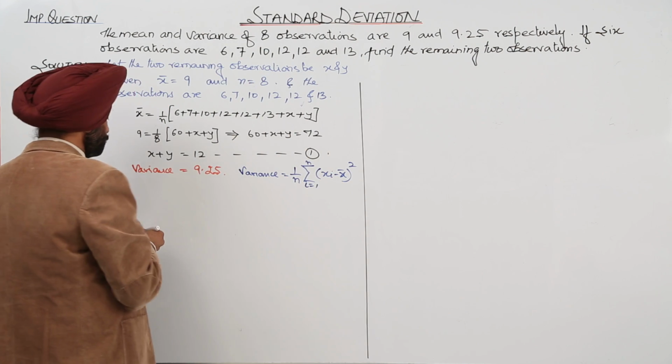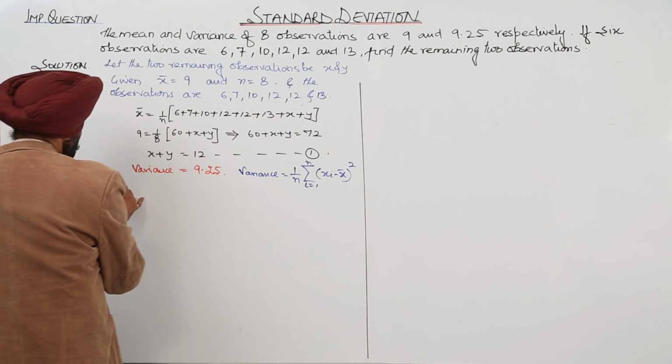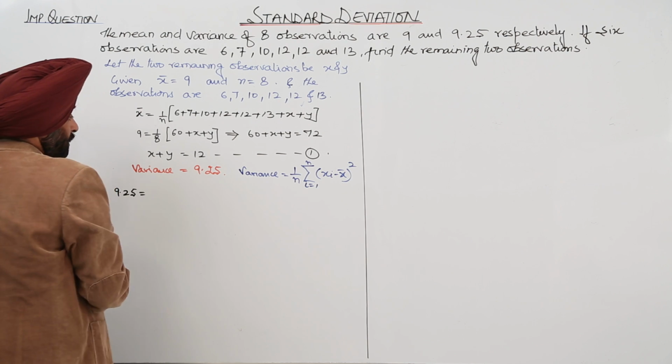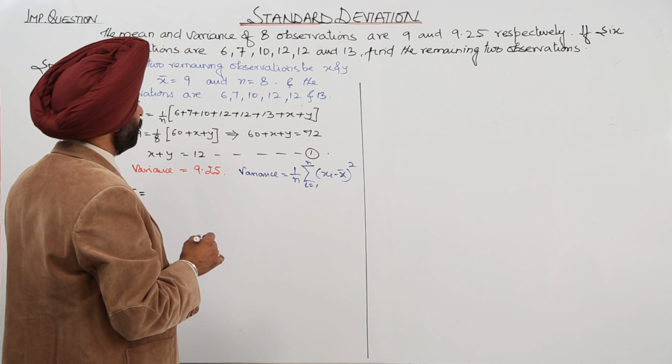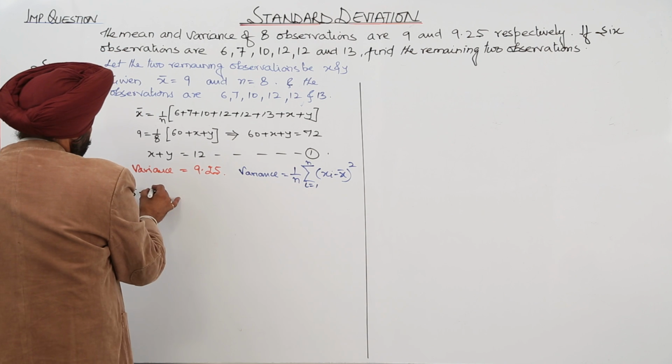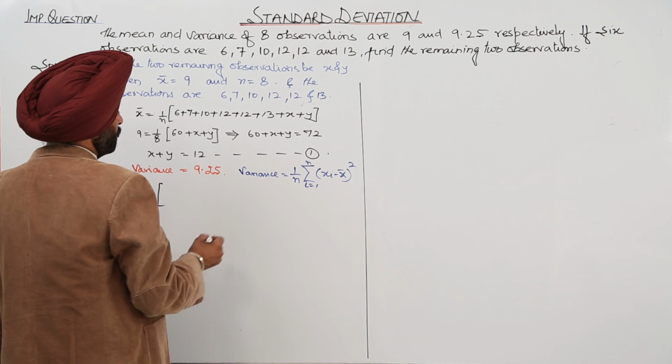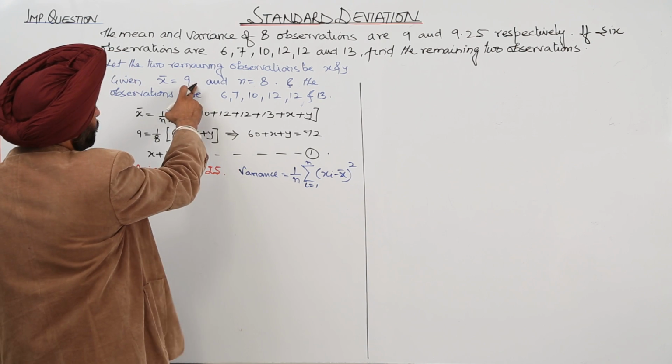Now here 9.25 is equal to, now we are having n as 8, so we can write 1 upon 8 with mean given 9.